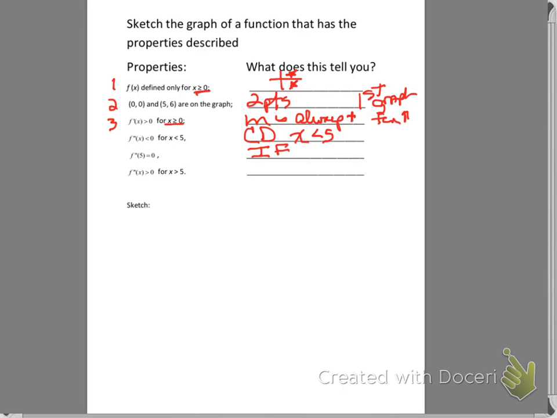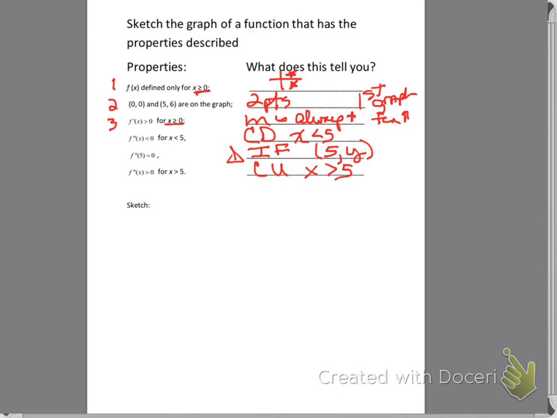I know it's going to be at 5. I'm not sure of the y value. Then after my inflection point, my second derivative is greater than 0, so that means I'm concave up where x is greater than 5.